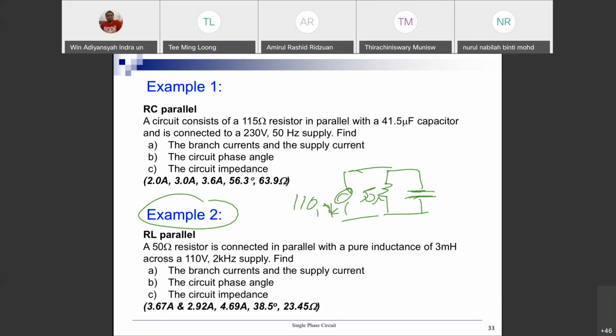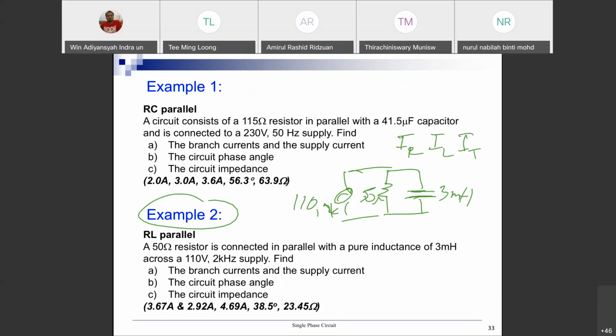This one is 3 millihenry. You have to find the branch currents IR and IL, and the supply current, I total.